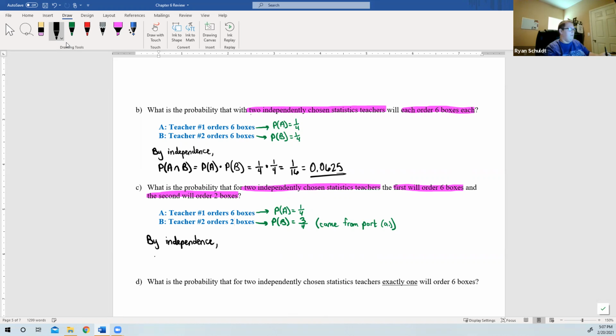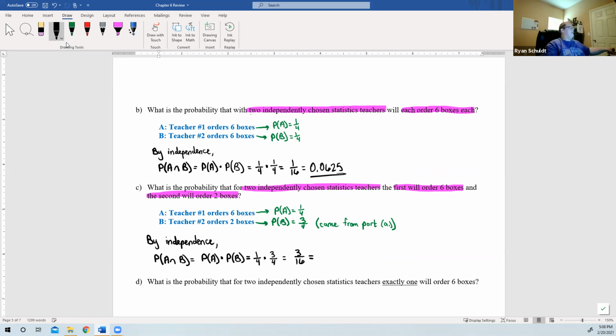By independence, the probability that A and B happen is the probability of A times the probability of B, which is equal to 1/4 times 3/4, which is going to be 3/16.